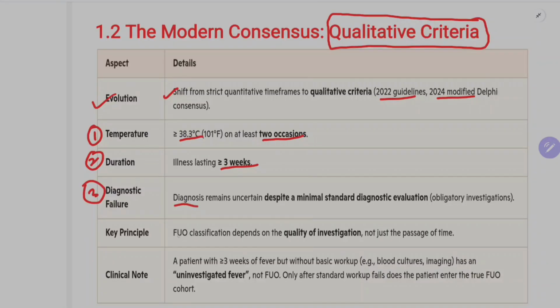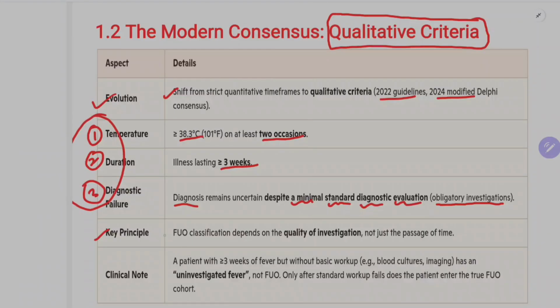So the diagnosis remains uncertain despite a minimum standard diagnostic evaluation. There is a minimum set of investigations that should be done, and even after doing that, if you don't get the diagnosis, then it is called FUO now. These are known as minimum standard diagnostic investigations or obligatory investigations. So these are the 3 criteria of the modern definition of FUO.